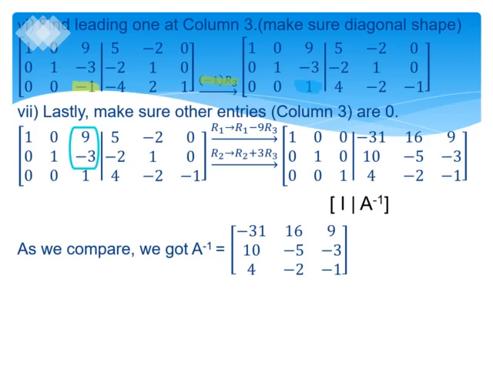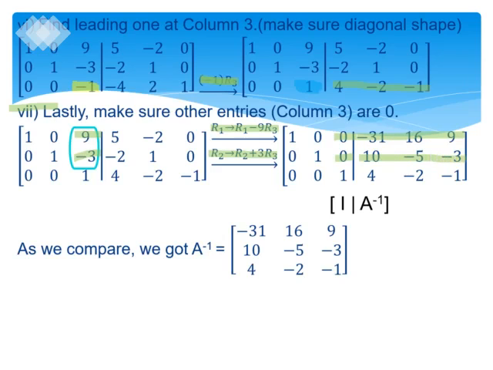And the others will be changed. Lastly, make sure other entries at column 3 are 0. So 9 and negative 3 will become 0, 0 using this operation, and the rest will change.